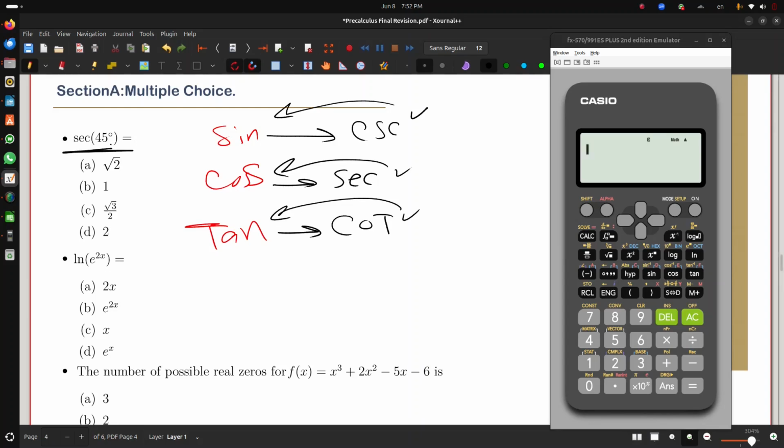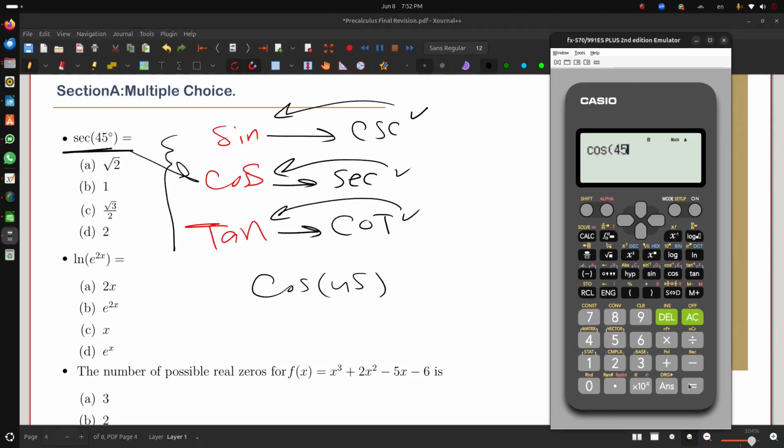So about secant 45, you have to remember this. If you want to get the answer for secant, you will get the answer for cosine. So I'll get the answer for cosine 45. Okay, so I'll write cosine 45 equals. Is this the answer? No, you have to get the reciprocal. So I'll press this button, which is written like this. I need to get the reciprocal.